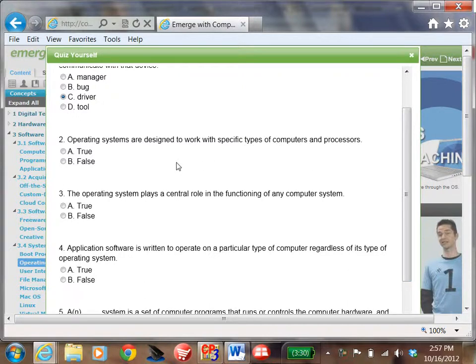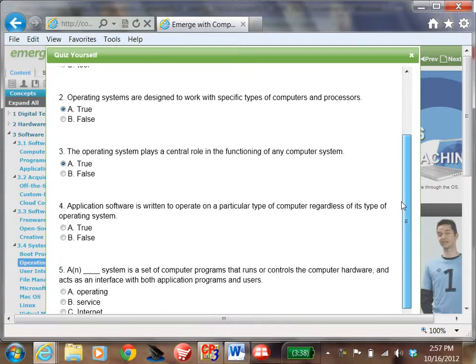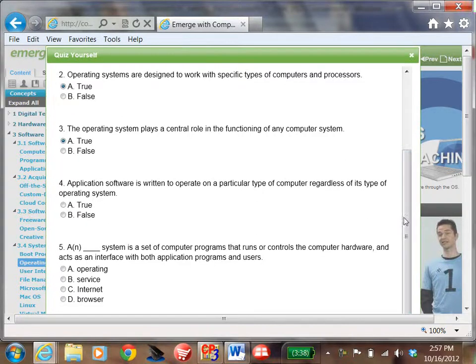True or false? The operating system plays a central role in the functioning of any computer system. See, some of these questions, I really don't like their quizzes very well. I mean, you can just guess the answers. Application software is written to operate on a particular type of computer, regardless of its type of operating system.